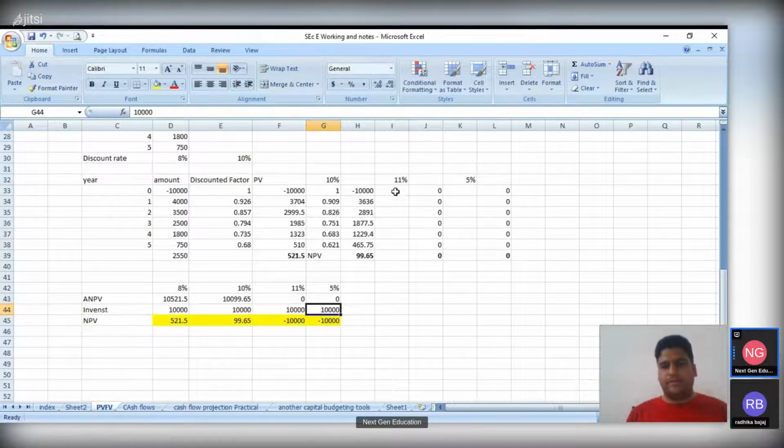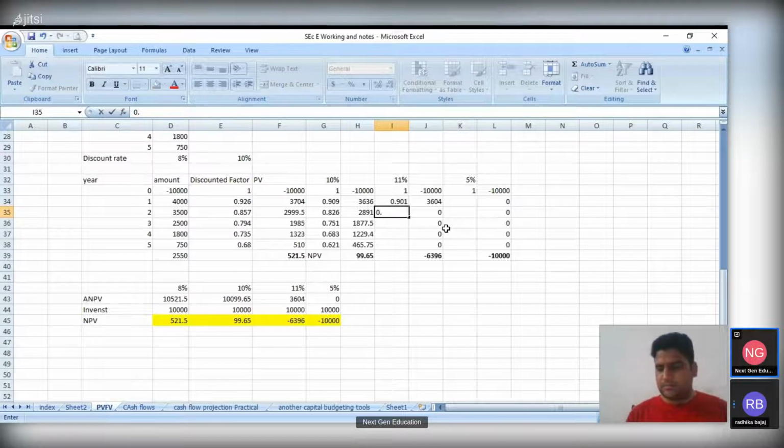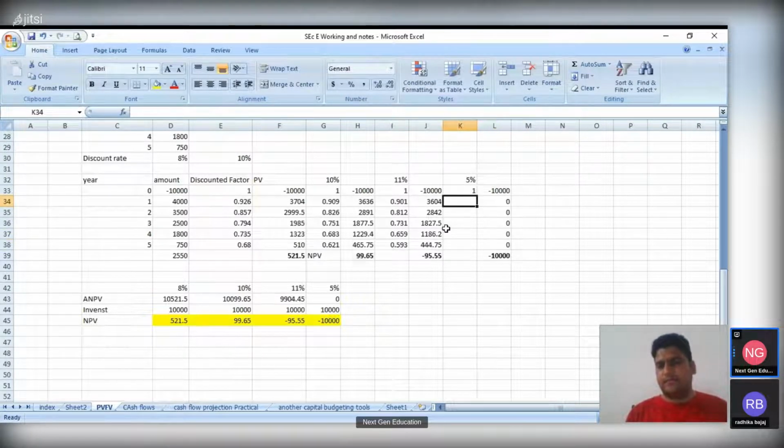Okay, can anyone tell me about the 11% rate? 0.901. Then next, 0.812. 0.731. 0.659. Yeah, 0.593.